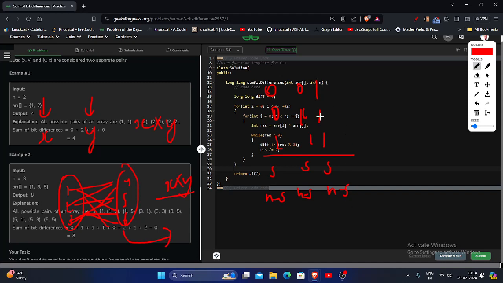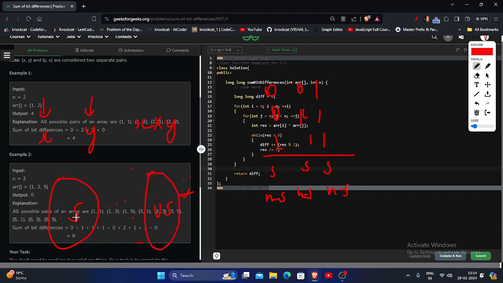I know for this particular index, the number of set bits I have is s, and the number of unset bits is n minus s. Now, say on the left hand side of this Cartesian product, I have the number of set bits, and here I have the number of unset bits.